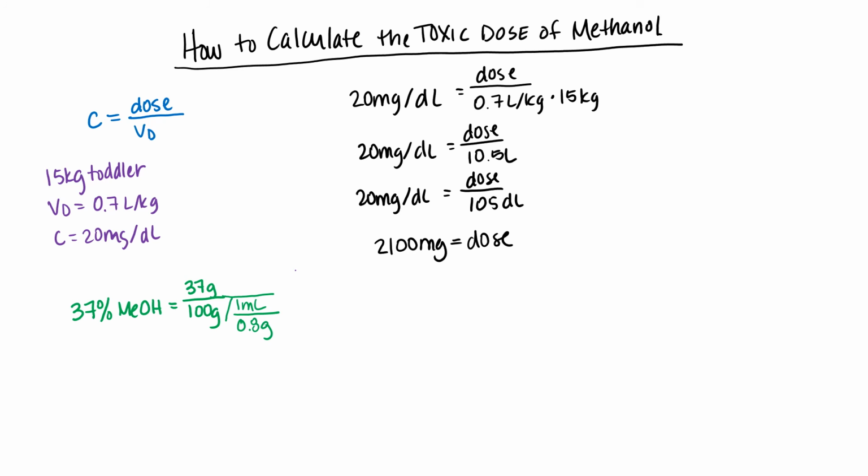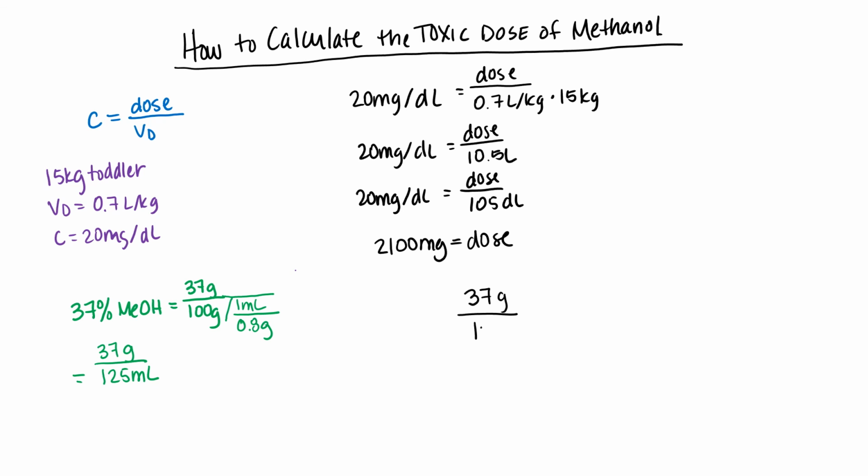So if we take 37 grams over 100 grams, and using the specific gravity of methanol, which is 0.8 grams per mL, and convert that to milliliters, we get that there's 37 grams of methanol in every 125 milliliters of that liquid.